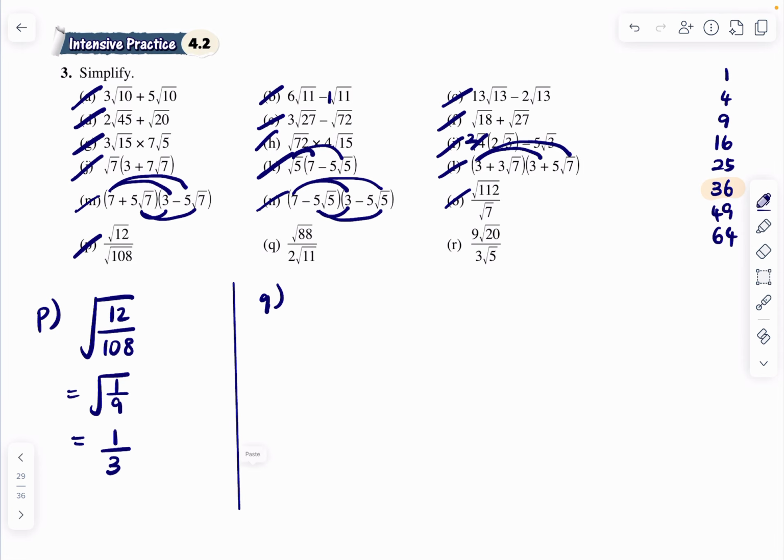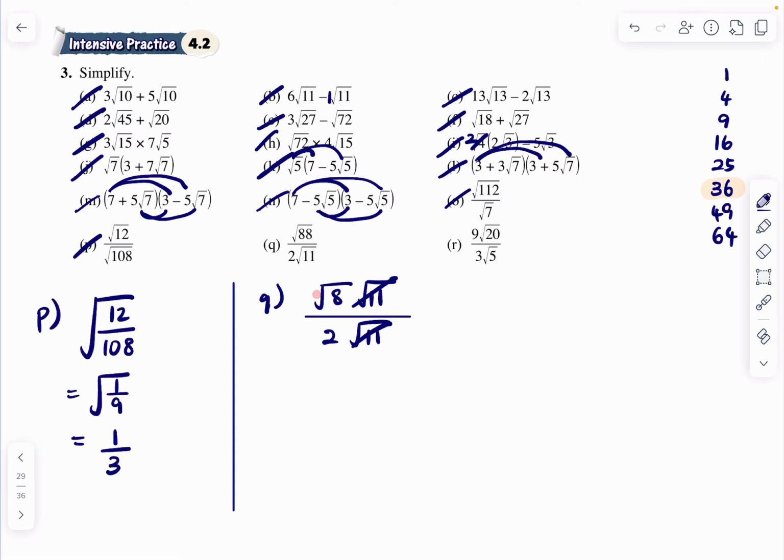Q. Okay. So here we have surd 88 times surd 11. So surd 88 is actually surd 8 times surd 11. Then we have 2 surd 11. I split it like this because we have surd 11 down here, right? So we can then cut.